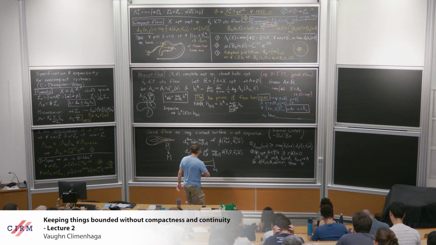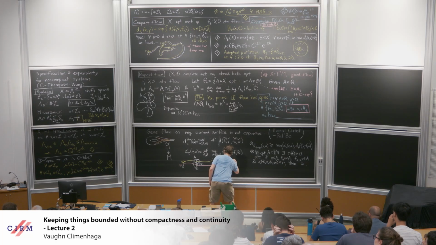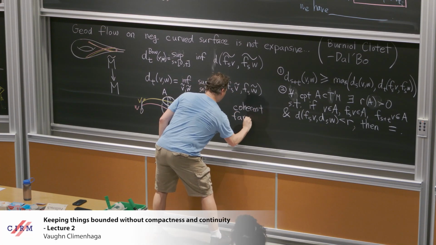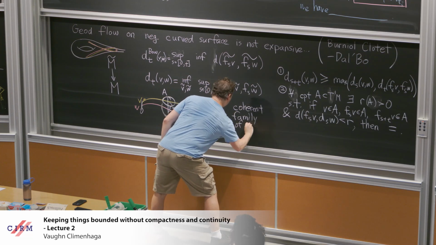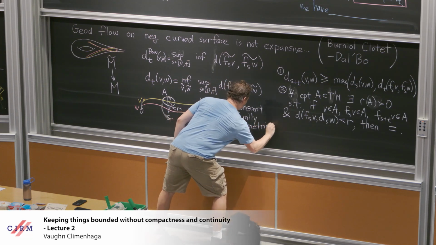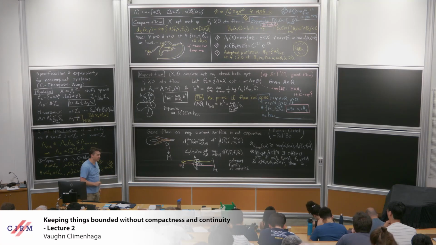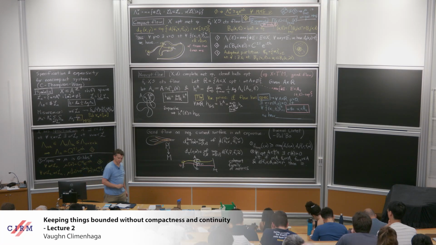So we call this the property of being a coherent family of metrics. We started off with dynamically coherent, but we decided it would be too confusing, so now they're just coherent.